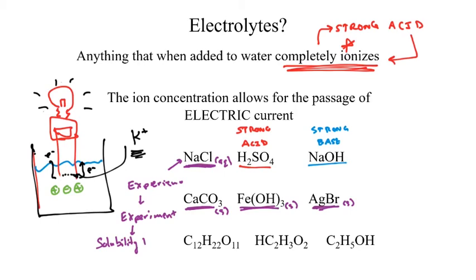Those solubility rules are not things that I expect you to memorize, but I do expect you to have memorized that you need to use them to determine solubility for ionic substances. And when you go and look up those solubility rules, you will find that calcium carbonate, iron hydroxide, and silver bromide are all insoluble in water.